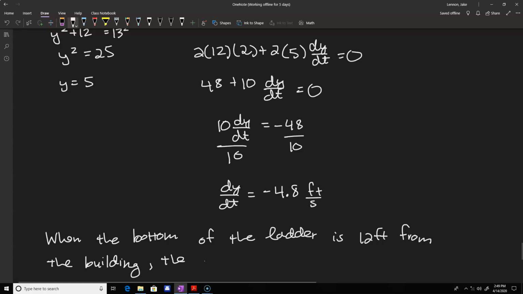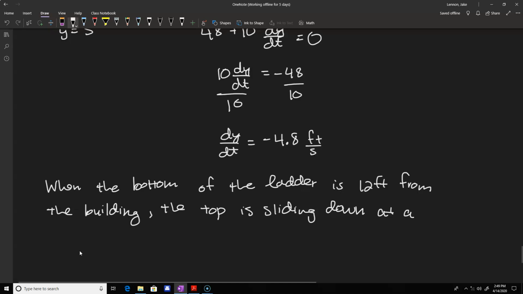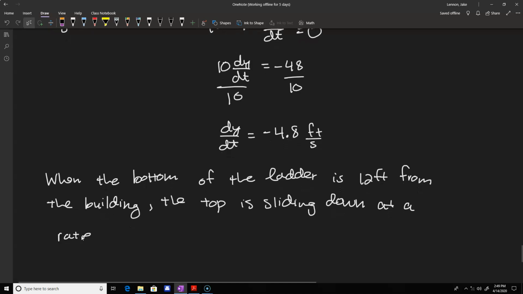The top is sliding down at a rate of 4.8 feet per second. The downward indicates the negative for us. And that's it. That's a pretty typical Pythagorean theorem related rates problem that we've seen a few of before.